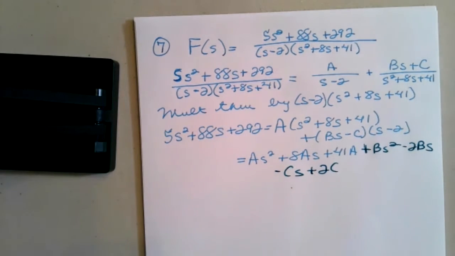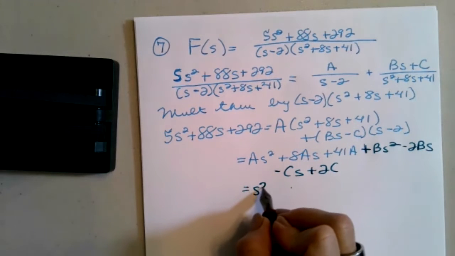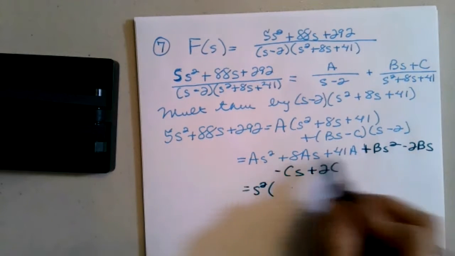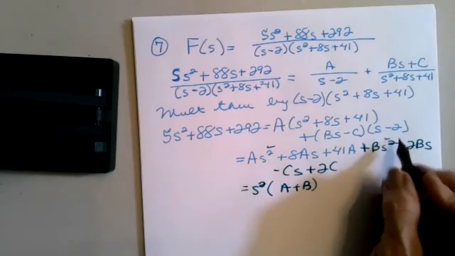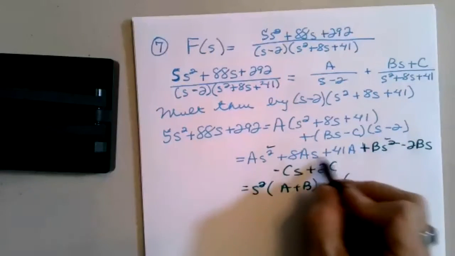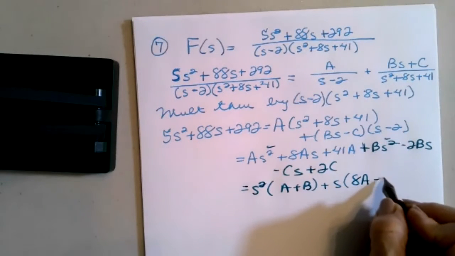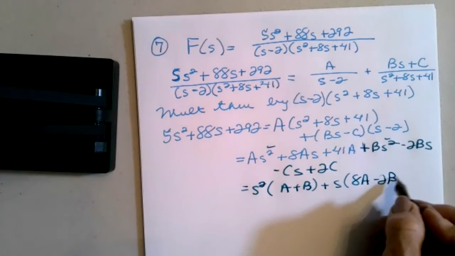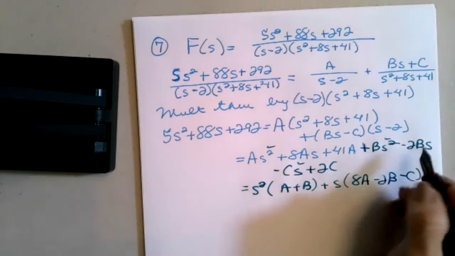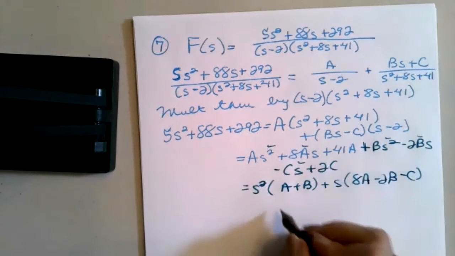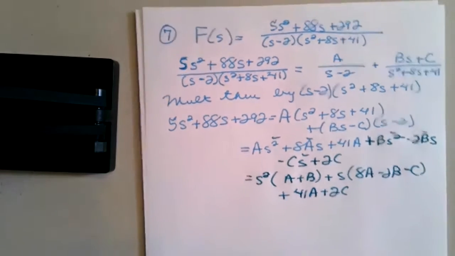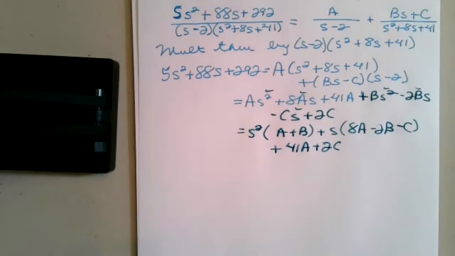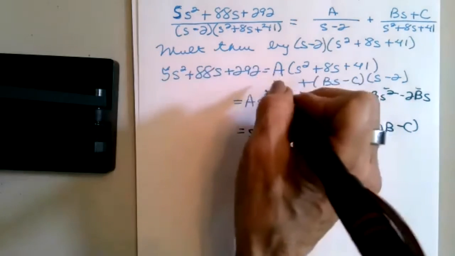Let me be really careful. The s squared terms are A plus B. That takes care of this and this. The s terms are 8A minus 2B minus C. So that's this, this, and this. And then my constant terms are 41A plus 2C. So I have 3 unknowns, A, B, and C, and 3 things to match up with.